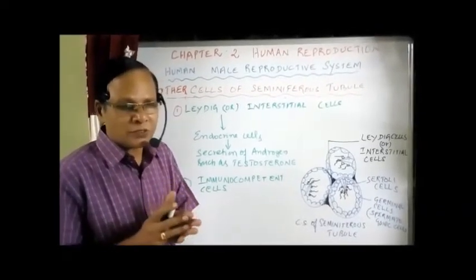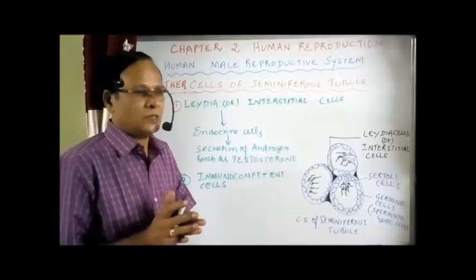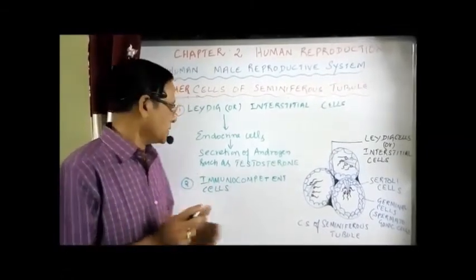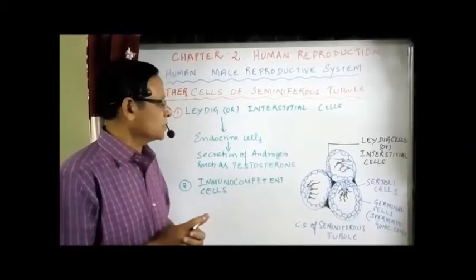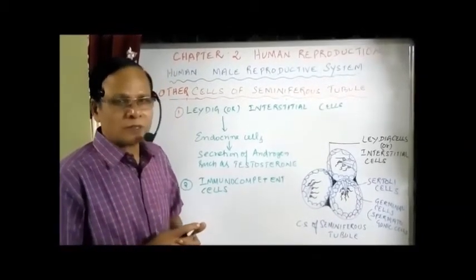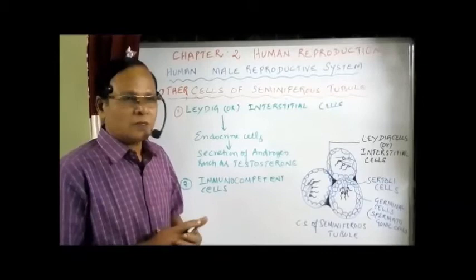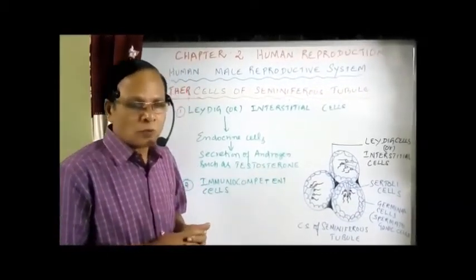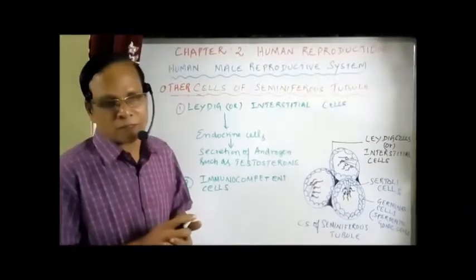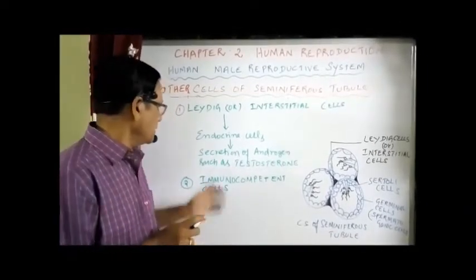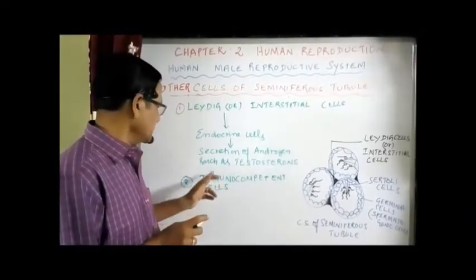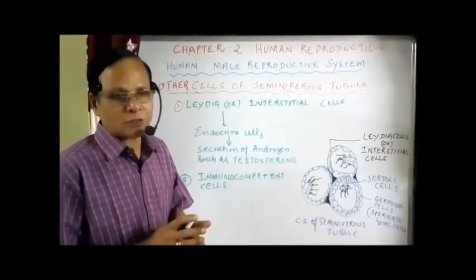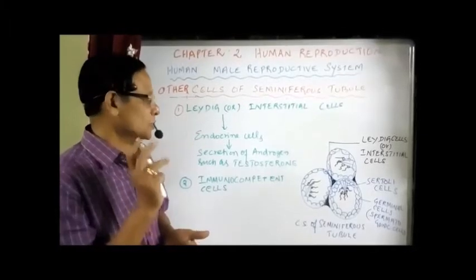They are providing immunity against any foreign antigen that enters the testis; they are called immunocompetent cells. So in addition to the Sertoli cells and the spermatogonic cells, we also have Leydig cells and immunocompetent cells present in between or surrounding the seminiferous tubules.